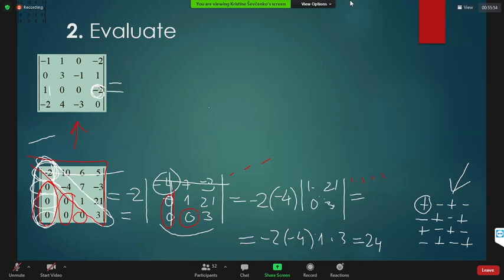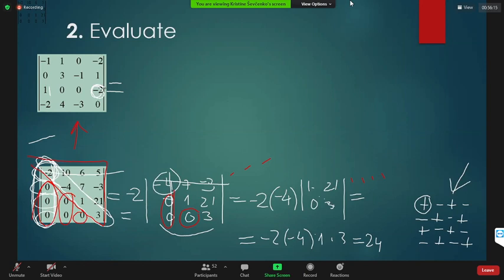All right. So what I want to do now is make a 0 here. The accepted rule is if I add another column to the fourth column, multiplied by some number to make a 0 there, then everything works out.